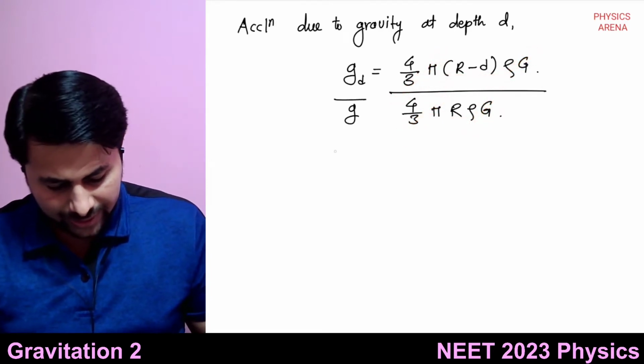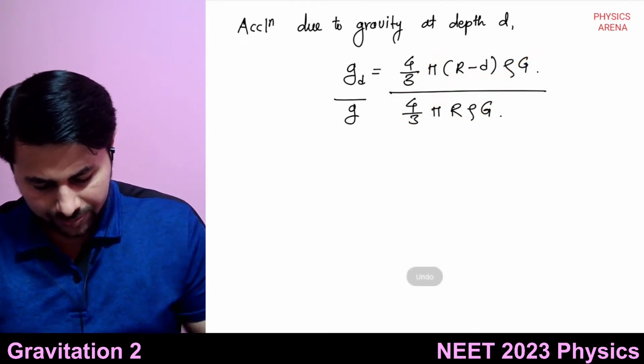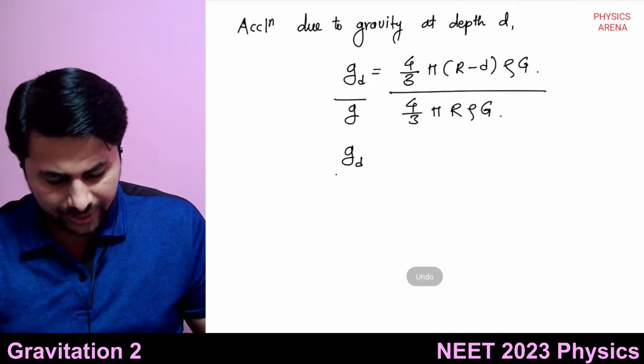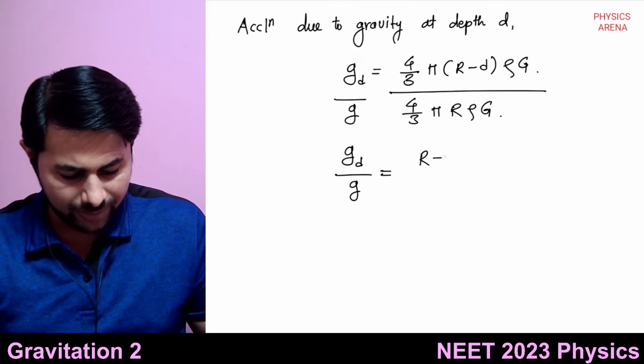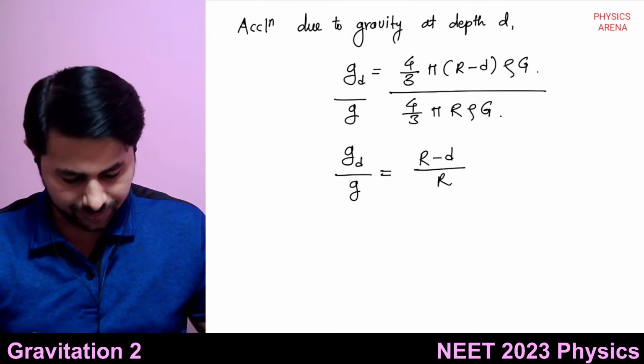So g at depth d divided by g on Earth's surface equals r minus d divided by r.